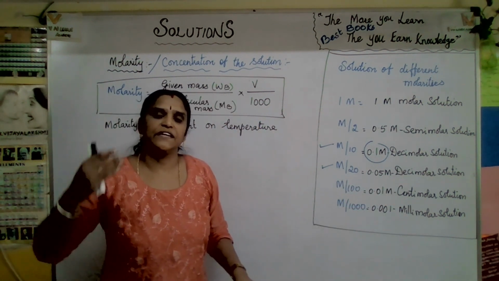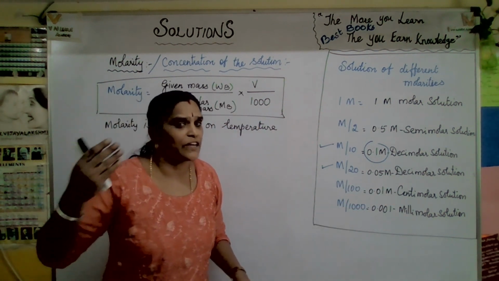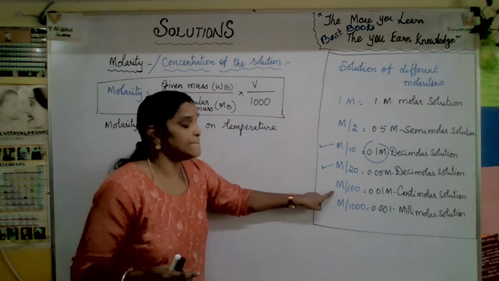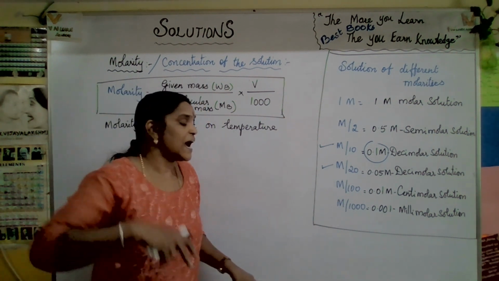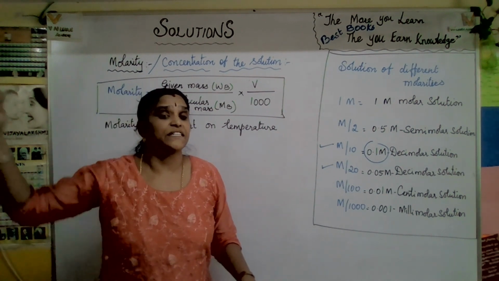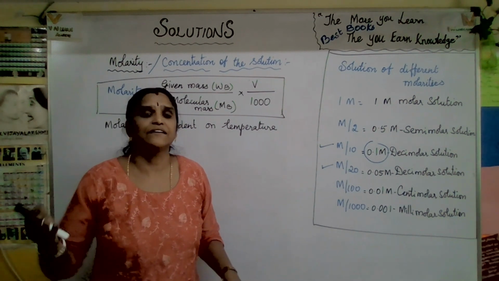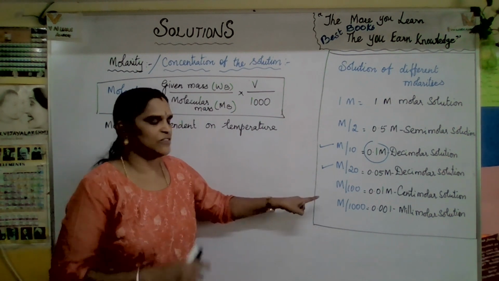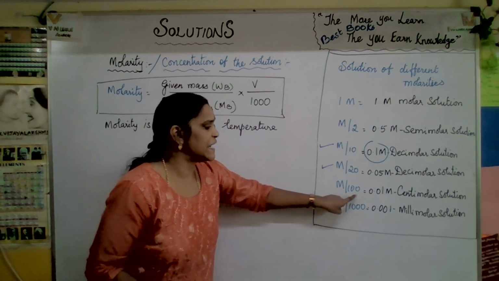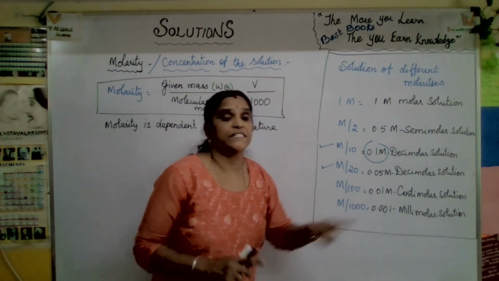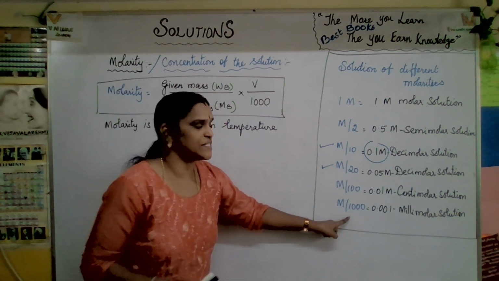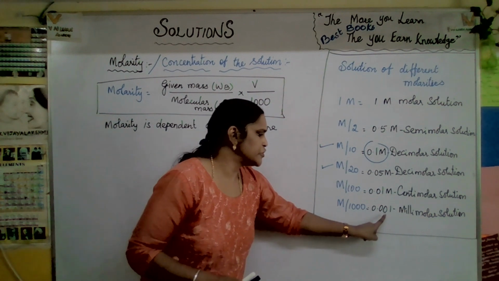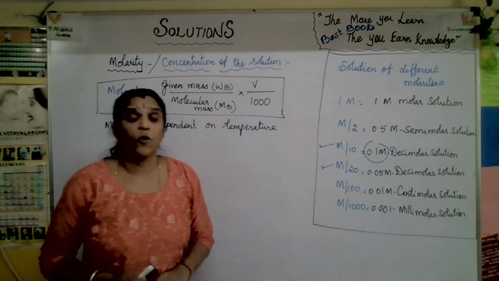You know centi, deci, milli, such things very well. And M by 100, of course, like centimeter, decimeter, decameter, hectometer, kilometer, you have learnt that in the table. Now bring the same idea here. So M by 100 means 0.01 M, a centimolar solution, and M by 1000 equals 0.001 M, a millimolar solution.